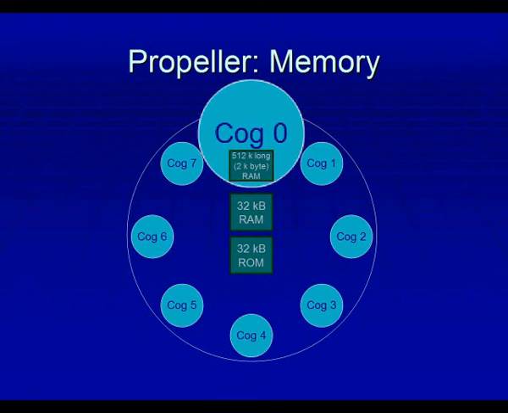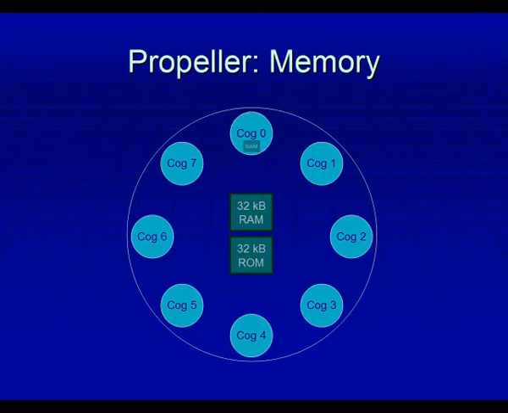But actually, most of the time, cogs do all their processing inside their own cog RAM, and very little time accessing the shared RAM. And sometimes they'll access shared RAM in bursts. So overall, the effect is quite minimal, and you get a very fast system where every cog that's running can perform simultaneous functions.